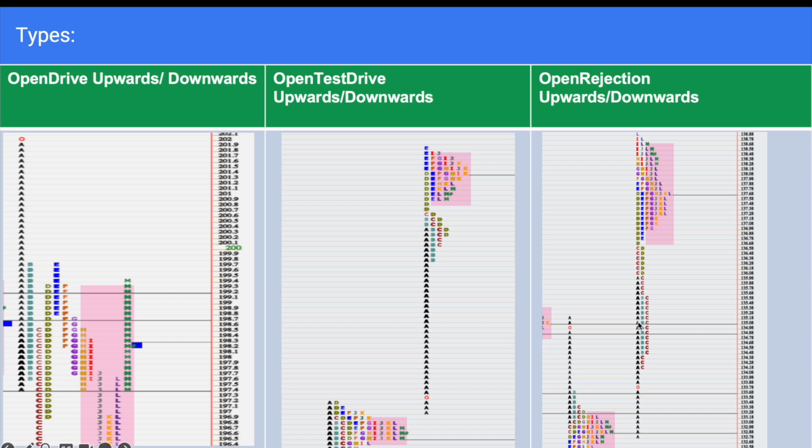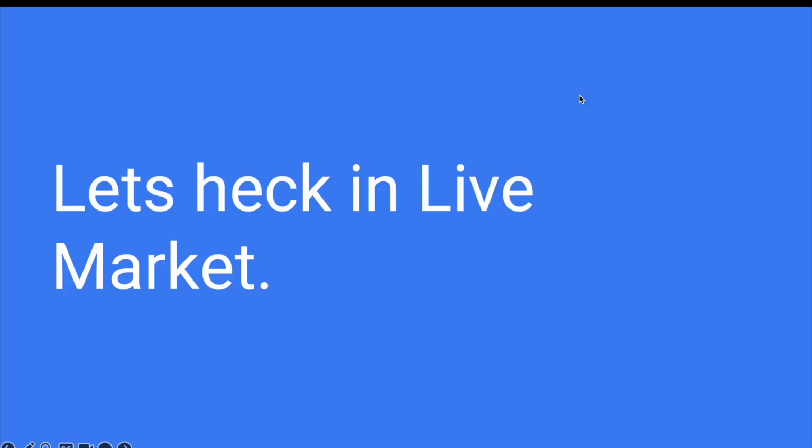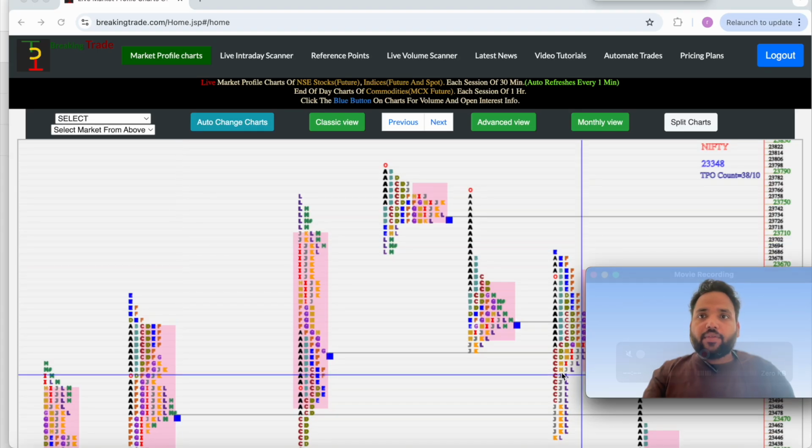So these are the three types of open drive: open drive upward, open test drive, and open rejection. I forgot to put C here. So let's check in the live market how you can identify this open drive.